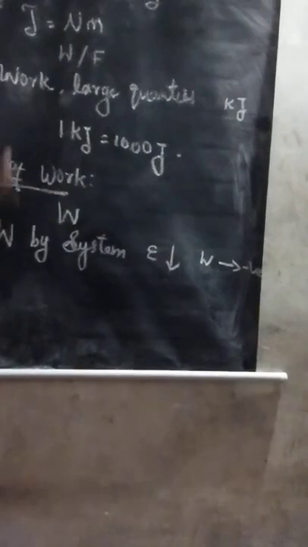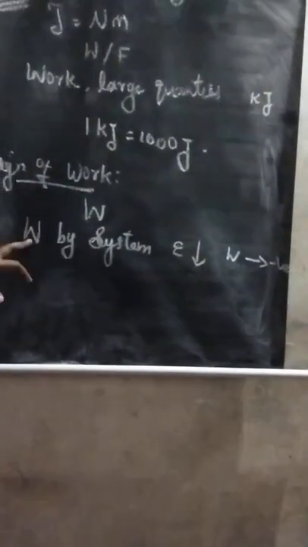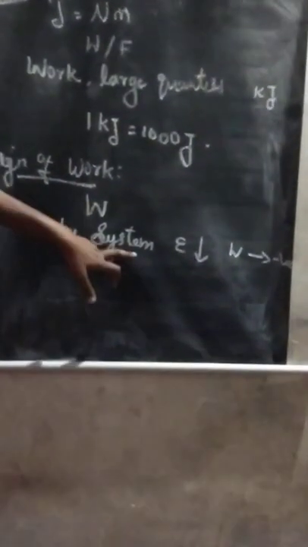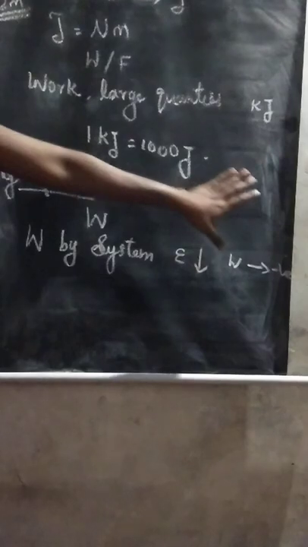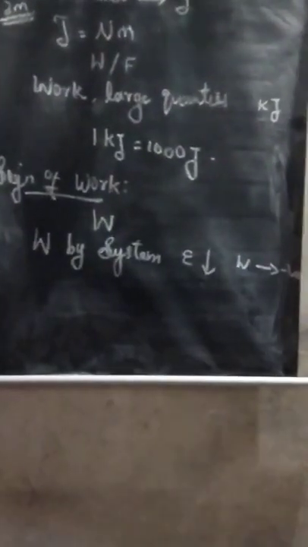Work becomes negative. So listen. If the work is done by the system, the energy of the system decreases, and work becomes negative. Understand? Now listen.